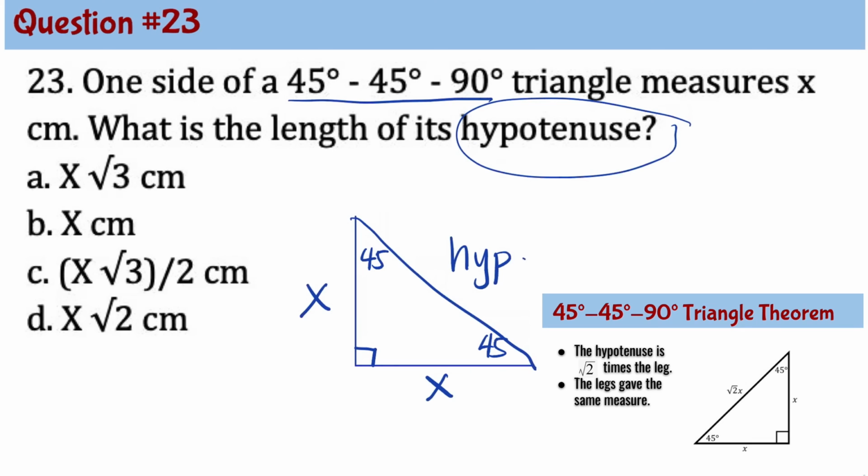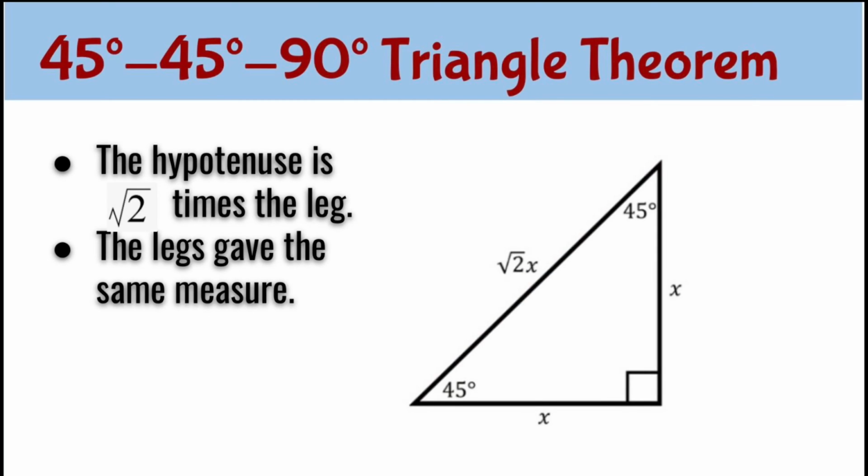So that means the hypotenuse is x times root 2, which is letter D. It is really important that you memorize this 45-45-90 triangle so that you can easily solve for the missing sides of this special triangle instead of doing the Pythagorean theorem all the time. Okay?